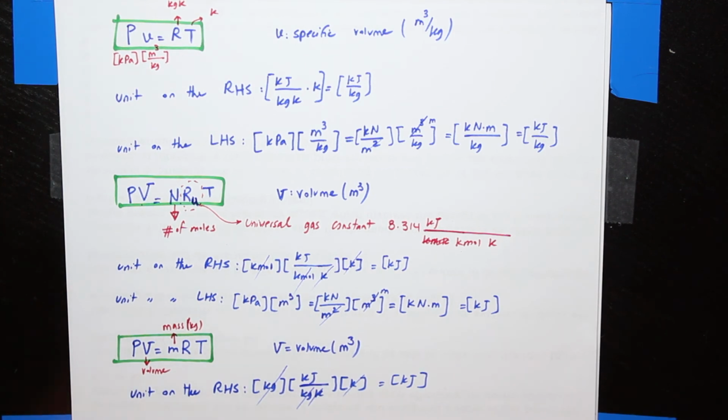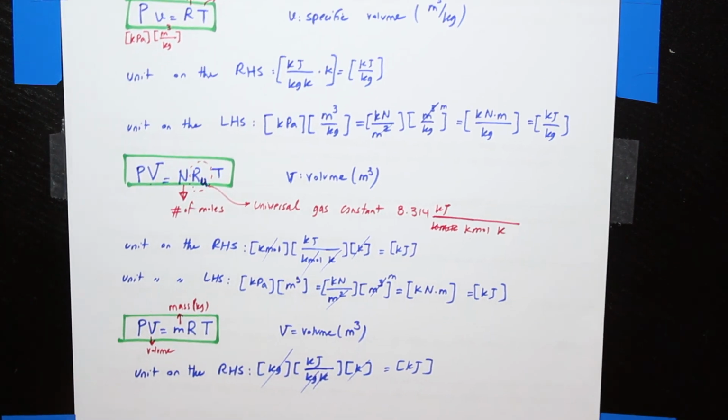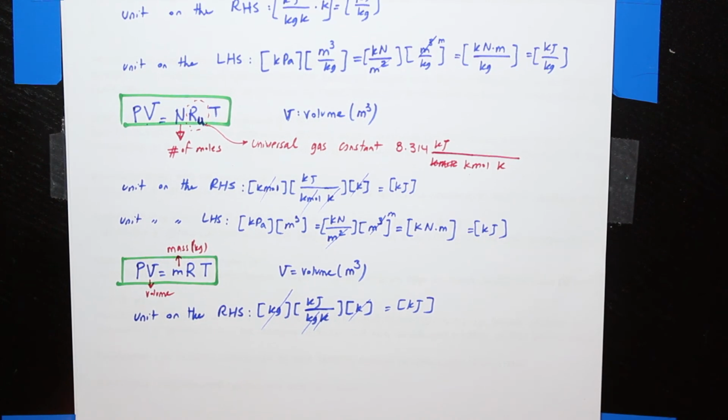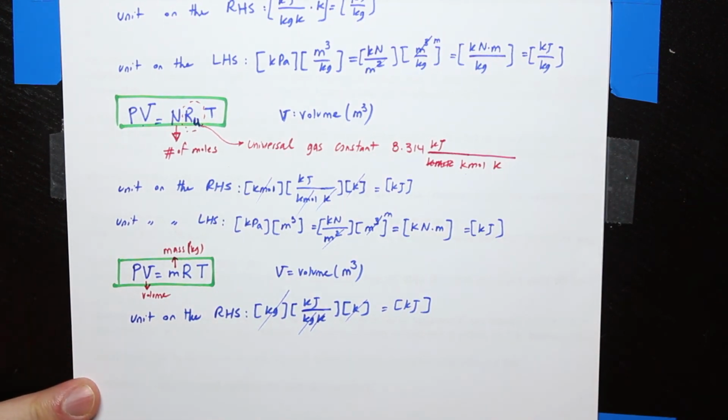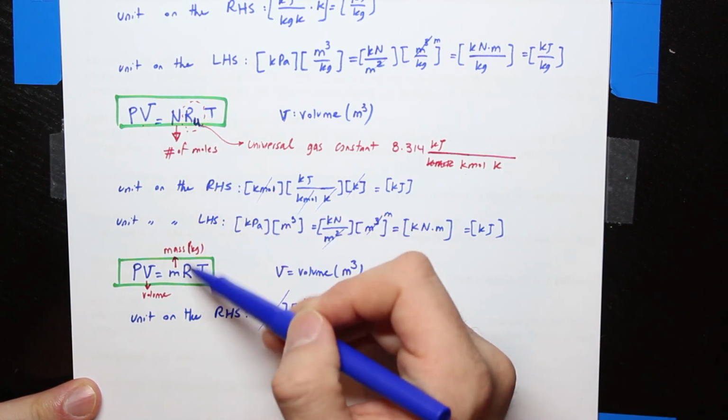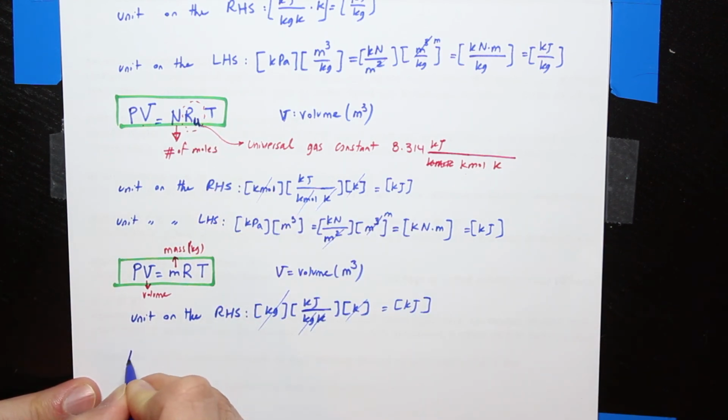Okay, the other confusion that you may have is between R and RU. So let me talk about these two. So you know that we had an equation R of m, or of our mixture, the gas constant of the mixture is equal to RU over apparent molar mass.